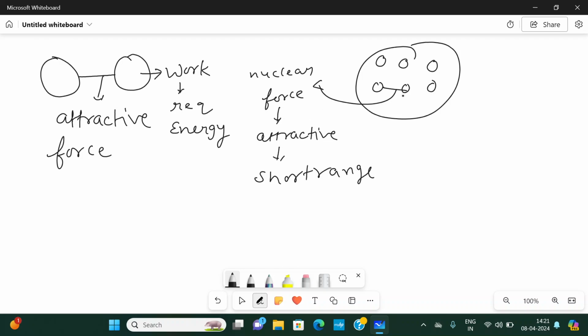Short range force means nuclear force acts only when the distance between the nucleons is of the order of 10 raised to the power minus 15 meter, which is the size of the nucleus. It means nuclear force acts only when nucleons are inside the nucleus. If the distance between nucleons is more than this order, then nuclear force will not work. So this is the meaning of short range force.